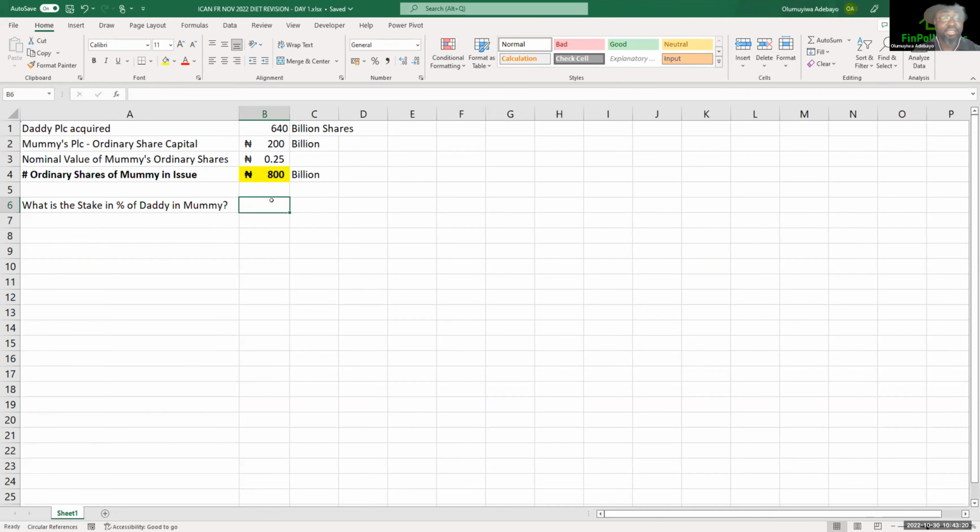To determine that stake, we simply ask what is the proportion of what you acquire over the total. What is the proportion of 640 to 800? And we see that in percentages, which is 80%. This is how we arrive at that, for our information's sake. Now that is the first step. Let's go back to our question.